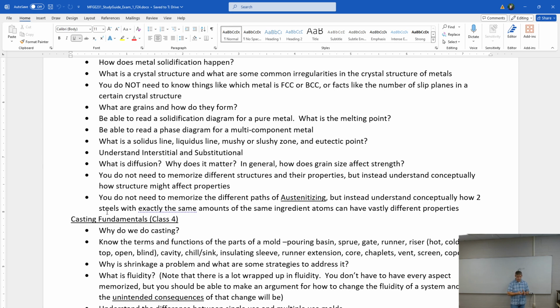But the grain boundaries, we can't do that without going to the recrystallization phase. So we have to go up to the hot work region where we start to recrystallize the material, and then that grain boundary will no longer be relevant.